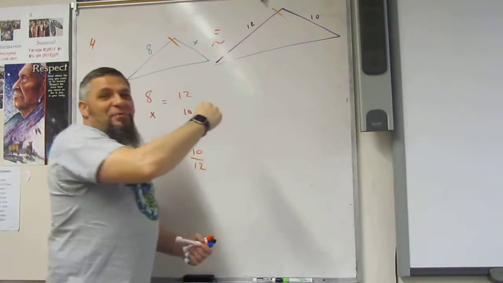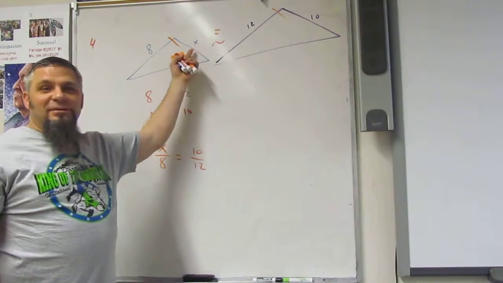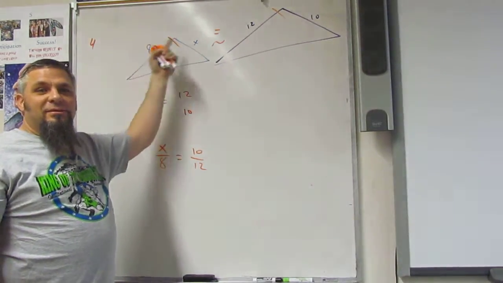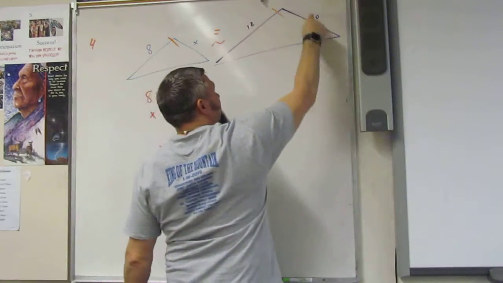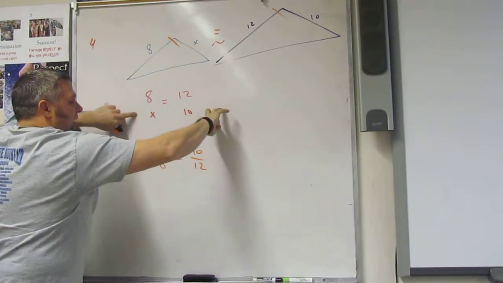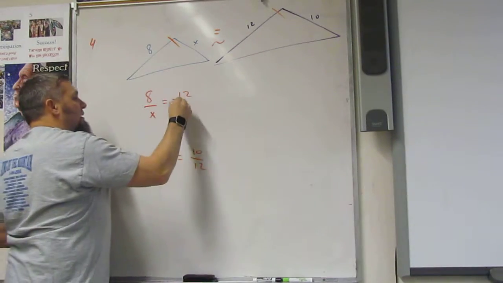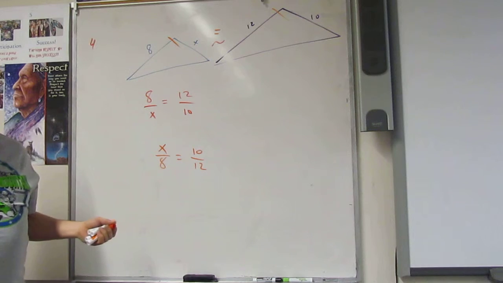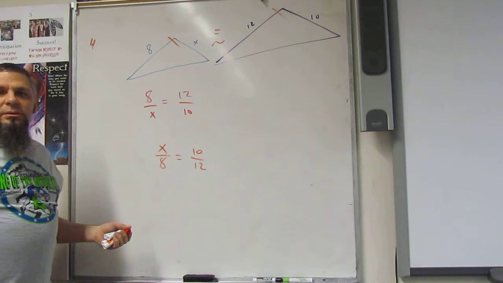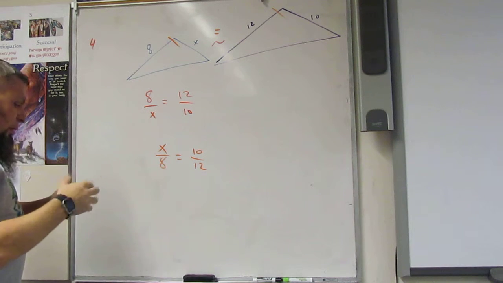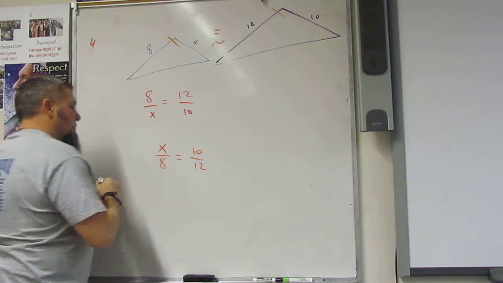If I would have written it that way, it would have still been 8 over x, right? And it would have still been 12 over 10. And these don't matter, right? They're just flipped. That's all. Doesn't matter which way you want to work it. Both of these will work. Does that make sense? So, go with it. Okay?